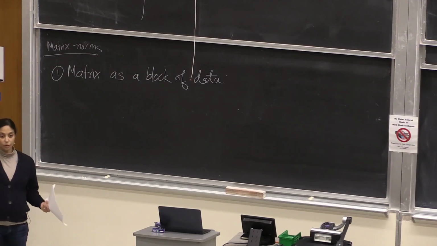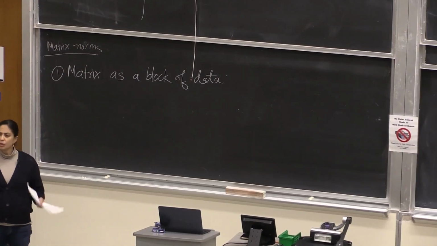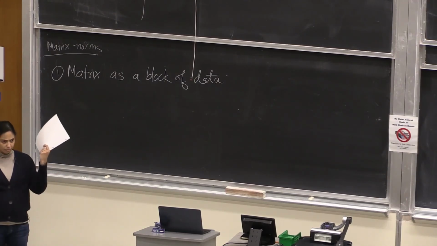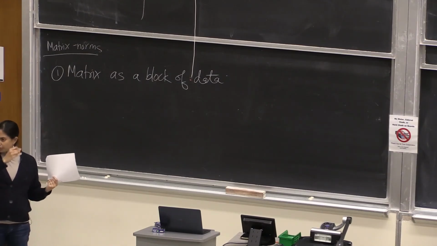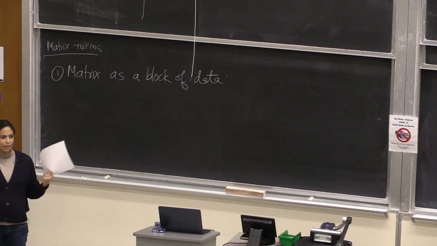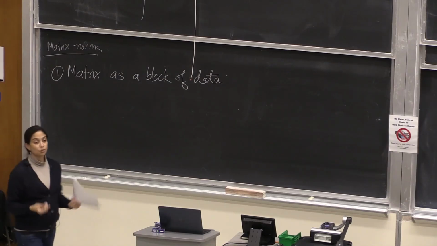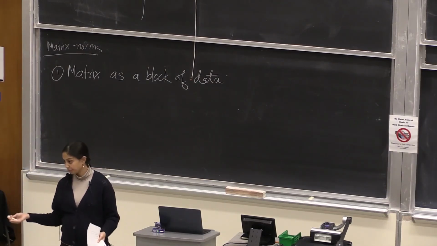Every value of every one of those pixels I can put into a matrix, and that's my block of data. But when we did the example last time, we didn't think about that image as a matrix. We thought about it as a vector. In fact, we unrolled it to make a 64 length vector. So while we could have thought of it as a block of data, we did not.